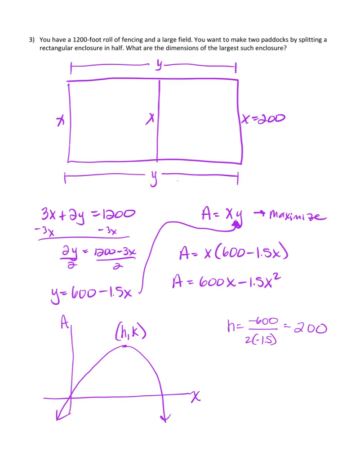And then y, I can calculate using this formula here that has y in terms of x. So y is 600 minus 1.5 times 200, which is 300. So 200 by 300.